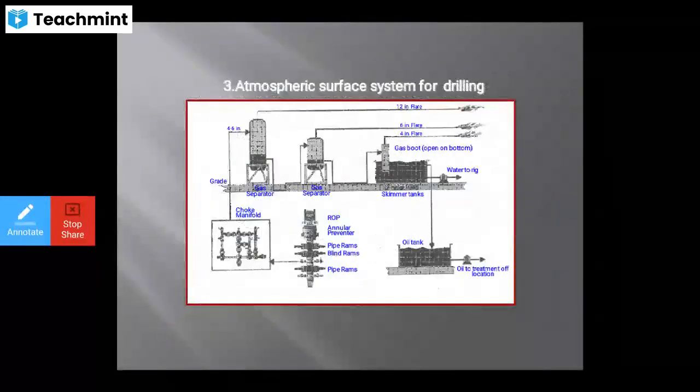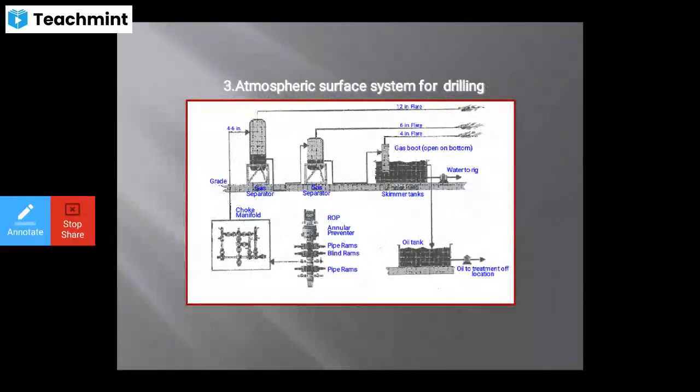Then atmospheric surface system for drilling. So you can see here clearly the gas separators and skimmer tanks or BOP, then choke manifold, oil tank, then oil for the treatment of the location.